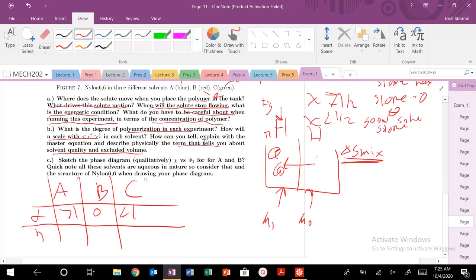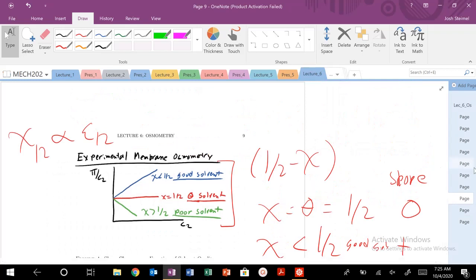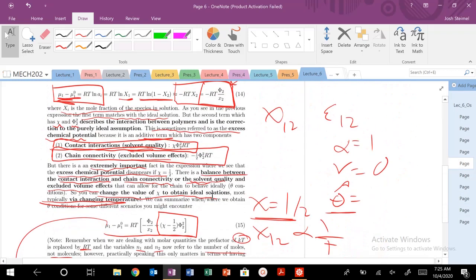So how can we tell? We know that if alpha is greater than 1, N to the 3/5, N to the 1/2, N to the 1/3: good solvent, theta, bad solvent. And again, we reduced that from the master equation, which, remember back in lecture 6, we said that this value here tells us about our contact interactions, or solvent quality, with a chi, and then this just gives us our excluded volume effects.